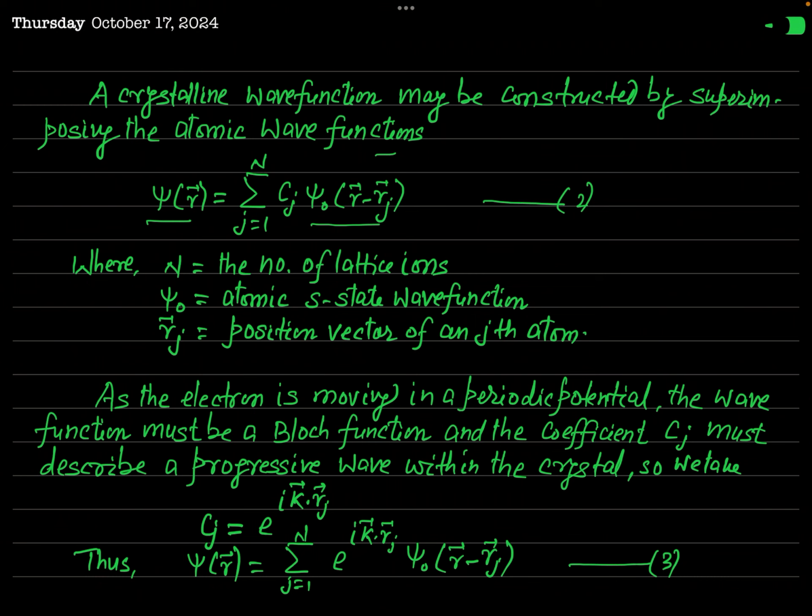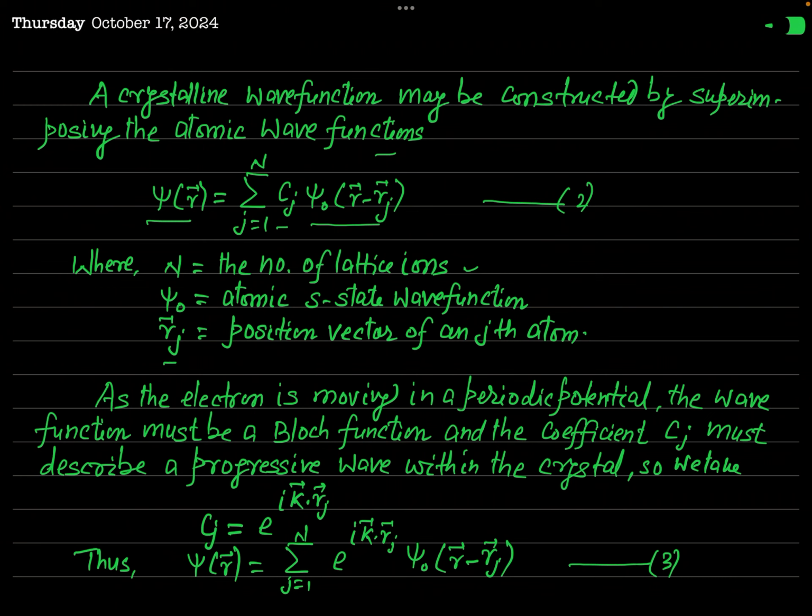And so psi of r is given as summation over j from 1 to N, Cj times psi naught of r minus rj. Actually here N is the total number of lattice ions. So the summation is done here from 1 to the total number of lattice ions. And psi naught, you have seen, is the atomic s state wave function. Or you can say that this is the wave function for a free electron in s orbital.